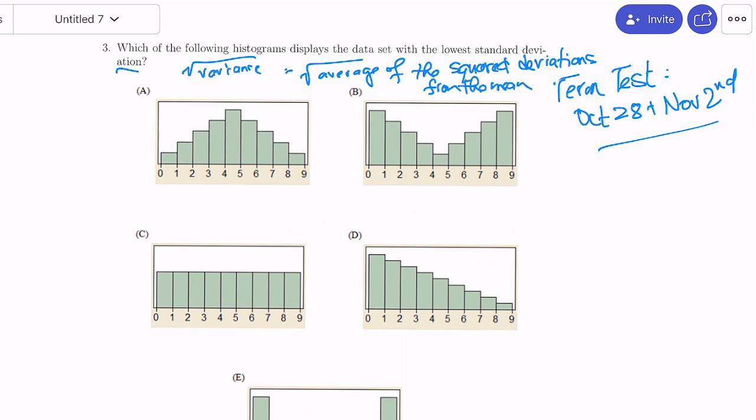So the more observations that are far away from the mean, the larger the variance and the larger the standard deviation.